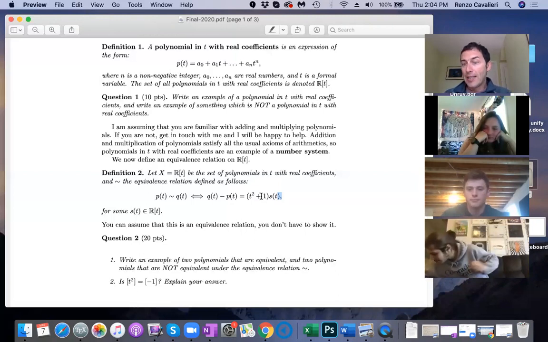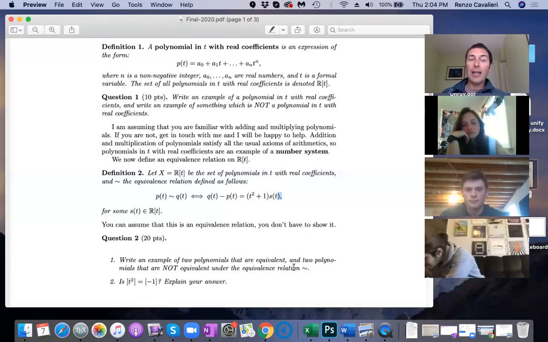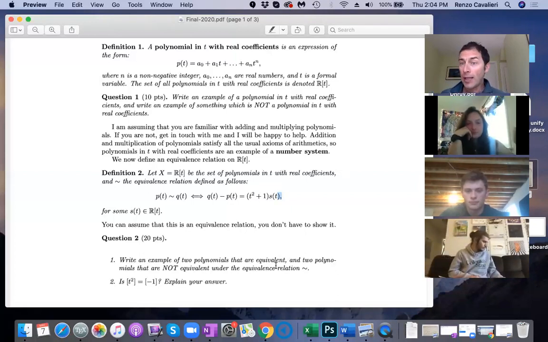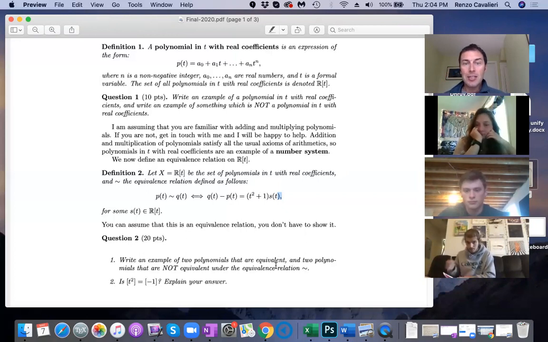Similarly for polynomials, you can divide Q of t minus P of t by t squared plus 1, which is a polynomial of degree 2. If it's not divisible, then the equation would not end there, but would have a remainder, which is a polynomial of degree 1. Okay, that makes a lot of sense.